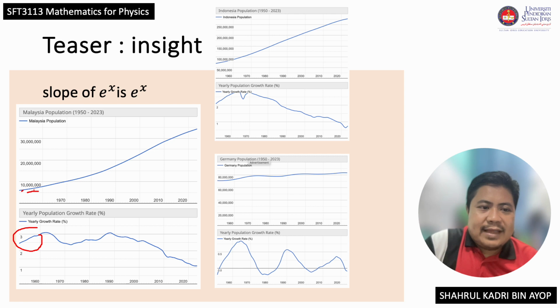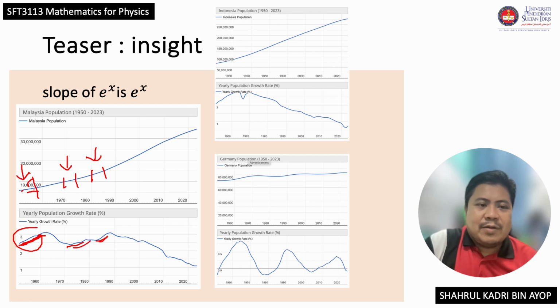You can see that this is almost exponential. That means from the trend, only a part of it grows exponentially. This is the exponential growth area, because the slope also grows exponentially.